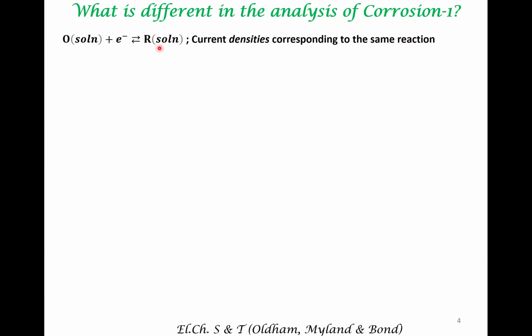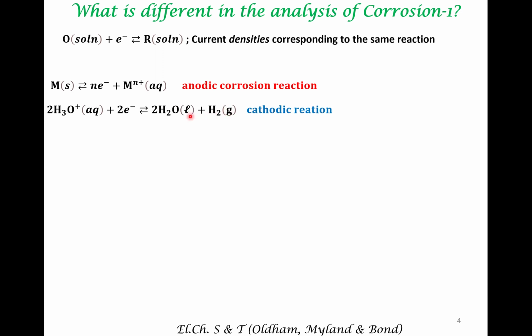In contrast to this, corrosion involves two different reactions. There is an oxidation, metal gets oxidized. This contributes to the anodic corrosion reaction. And there is a distinct reaction which is contributing to the cathodic part of the corrosion reaction. Okay, so this is one reaction.